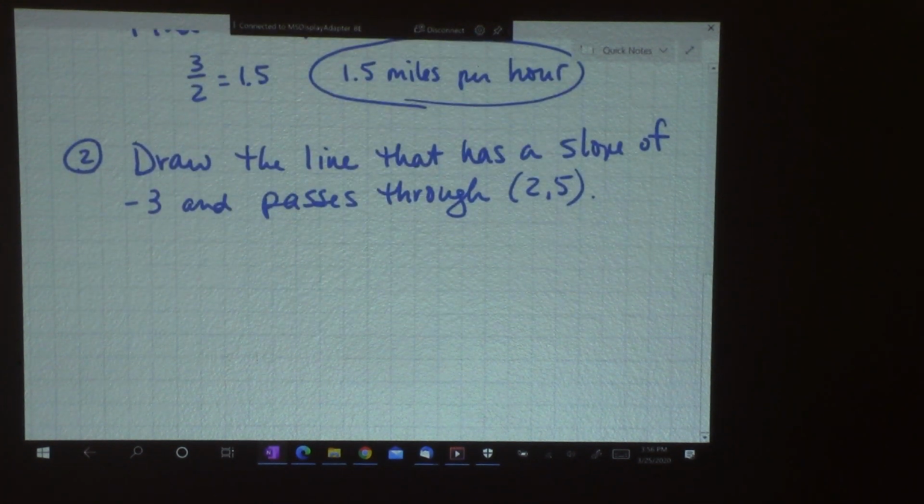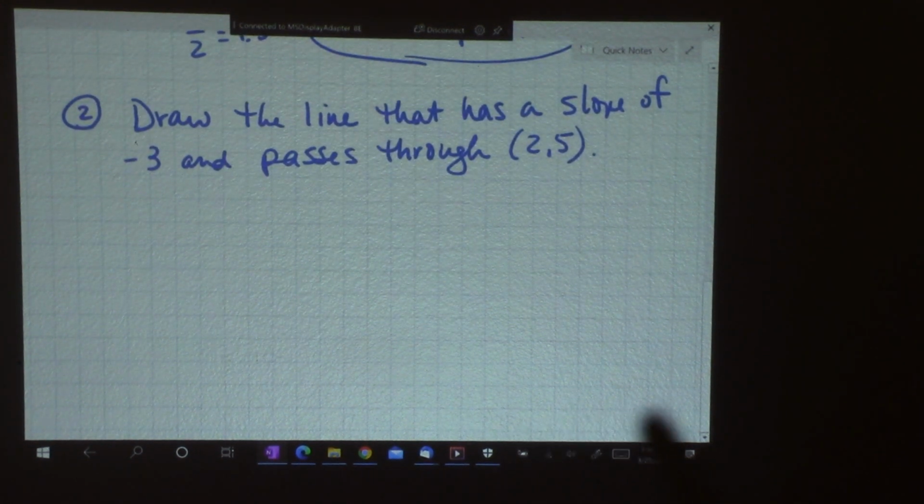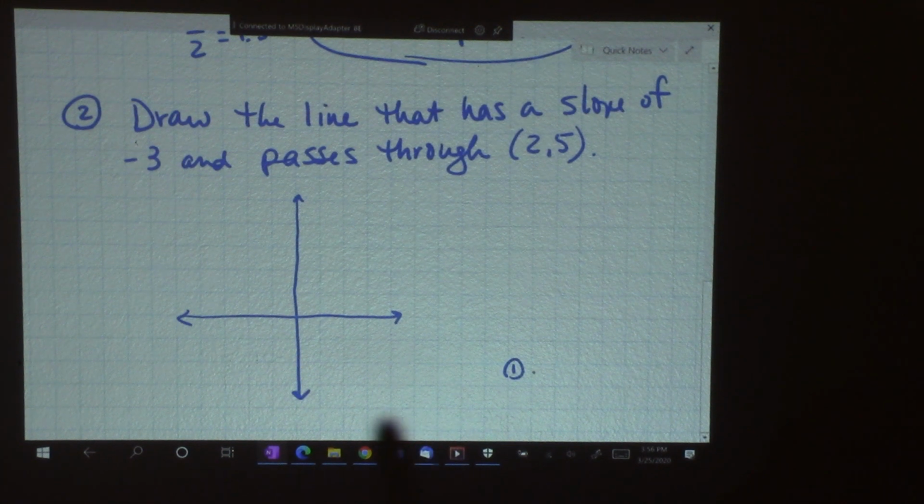Okay, so let's graph this. So the first thing I'm going to do is plot the point. So I have 2, 5. 1, 2, 3, 4, 5. That worked out well. There's my point, 2, 5. Now I want to draw a line. So I need to figure out the slope.